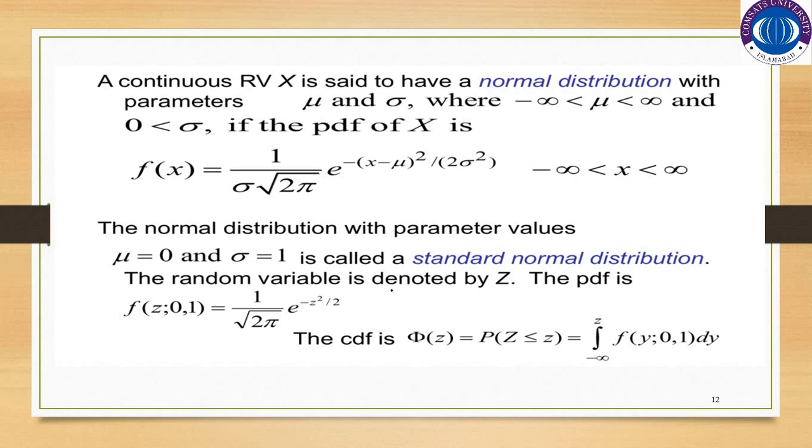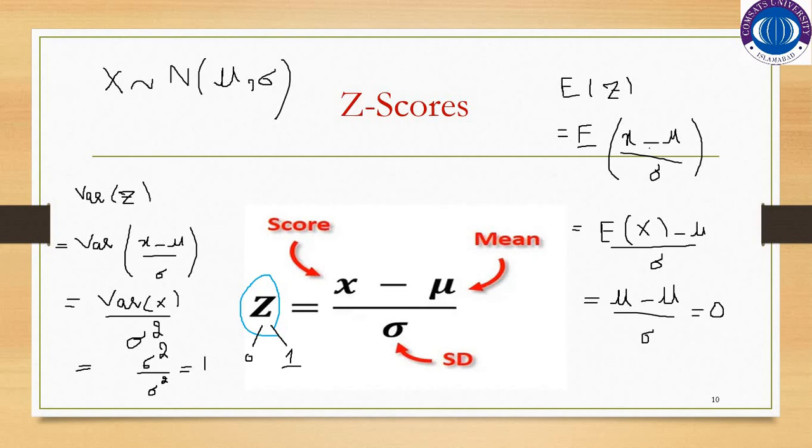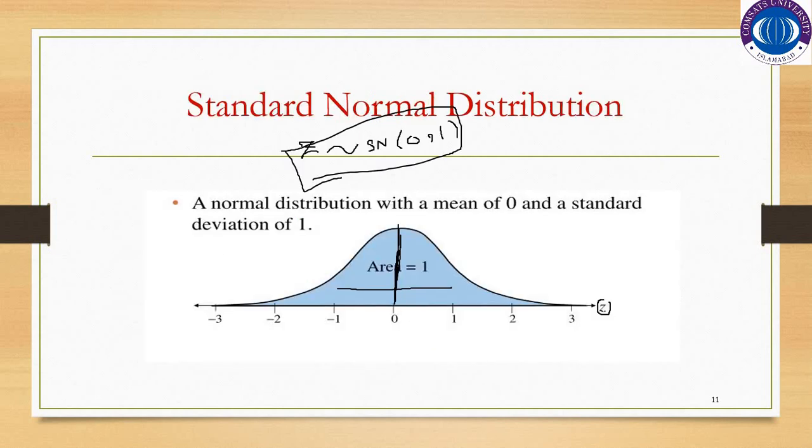The random variable is denoted by z, as we have seen here. We have converted it into z-scores, and this random variable z has mean 0 and variance 1.